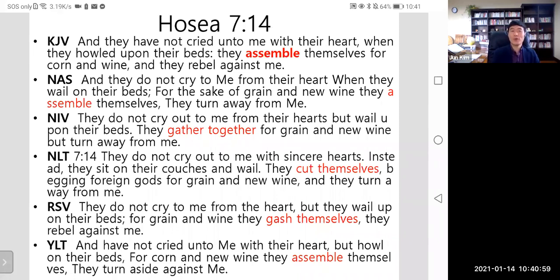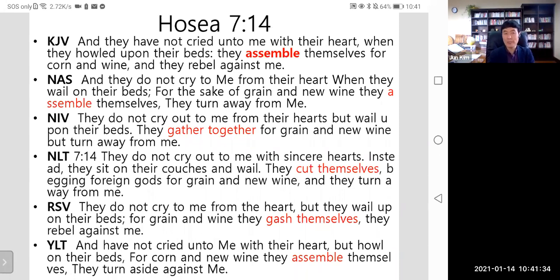Do you remember the story of the battle between Elijah and the prophets of Baal and Asherah? It's in 1 Kings 18. We will come back to this story, but there the prophets of Baal and Asherah cut themselves, and it was bloody. So now it's totally different. Even when you say they assemble themselves for corn, you cannot see the idea of pagan worship there.